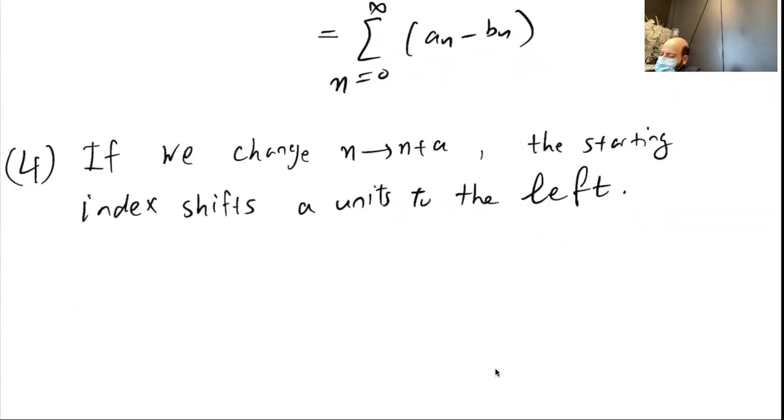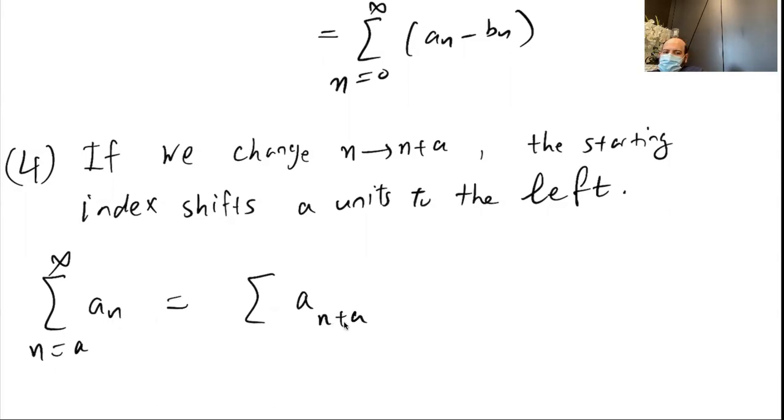So if I have, let me just say, the sum of a_n in general, from, let's say, a to infinity, I can write this one as the sum of a_(n plus a). So see, I'm changing n to n plus a. If I change n to n plus a, the starting index shifts a units to the left.